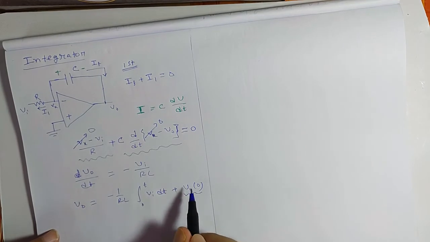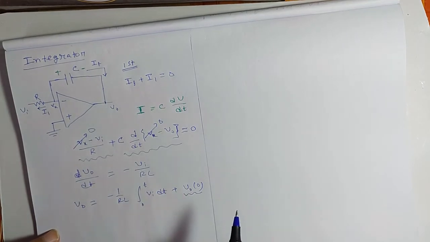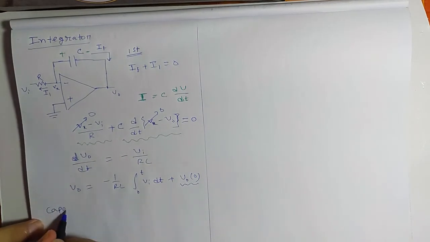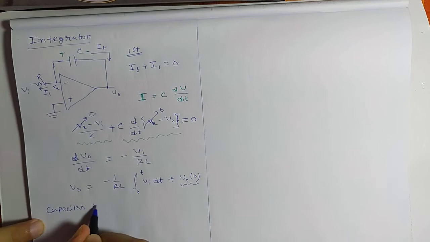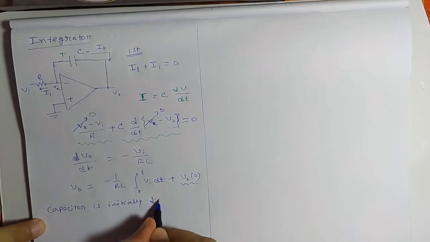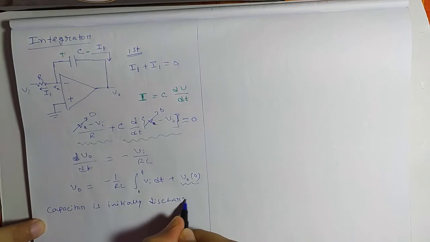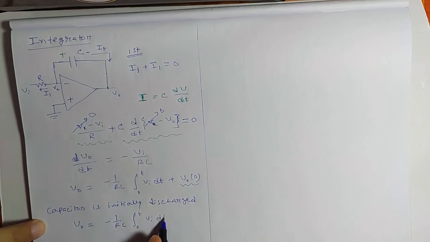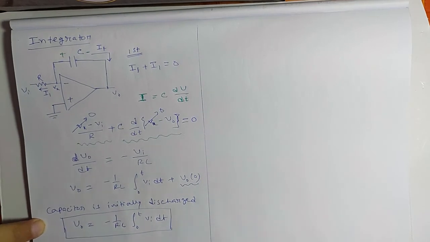If I assume that the capacitor is initially discharged, then we can write V0 equals minus 1 by RC integral from 0 to t of Vi dt. So that will be the output.